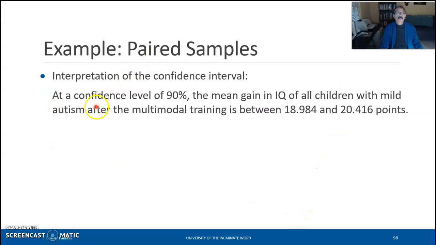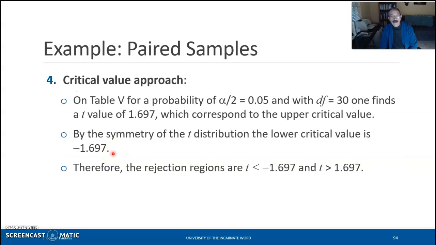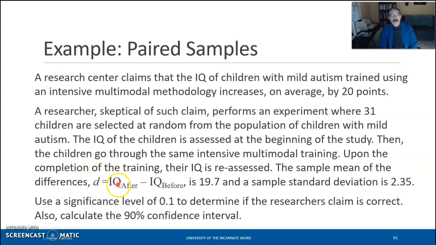So we can say that at a confidence level of 90%, the mean gain in IQ of all children with mild autism after the multimodal training is between 18.984 and 20.416 points. And we can say that there is a gain because the difference is positive. And remember, if you go all the way to the beginning, we're using the difference of after minus before.